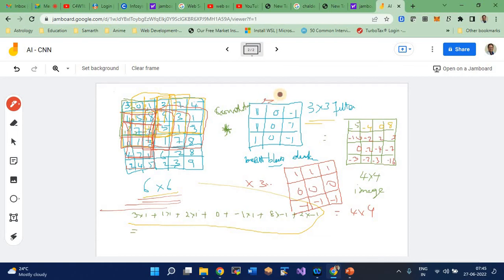I think one of them is Sobel filter, and this one is another. This is a vertical edge detection, and this is a horizontal edge detection.